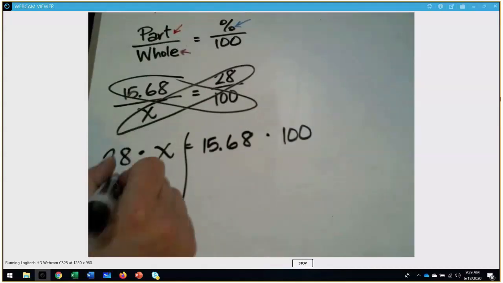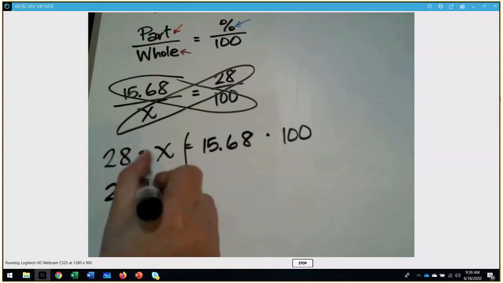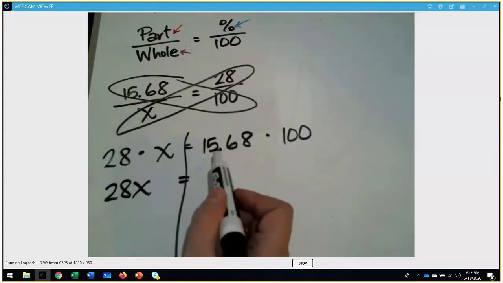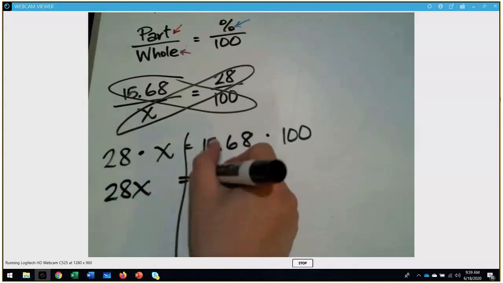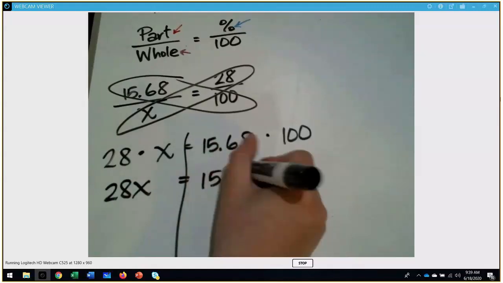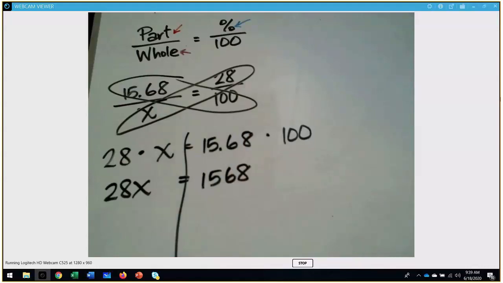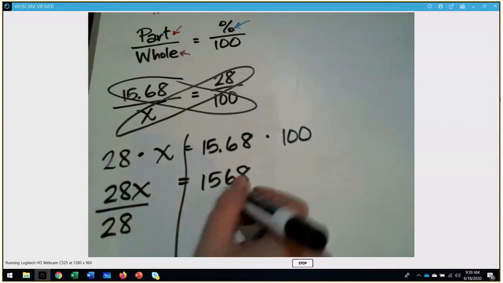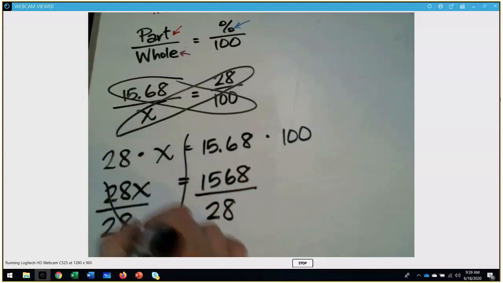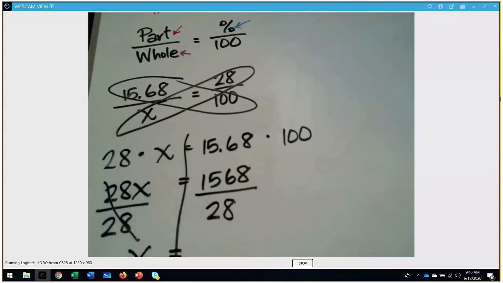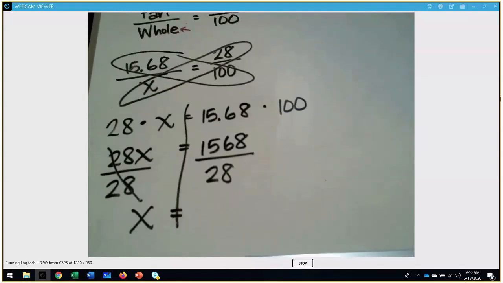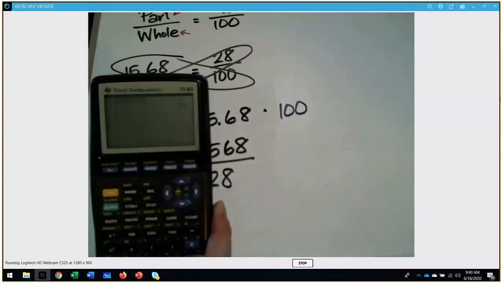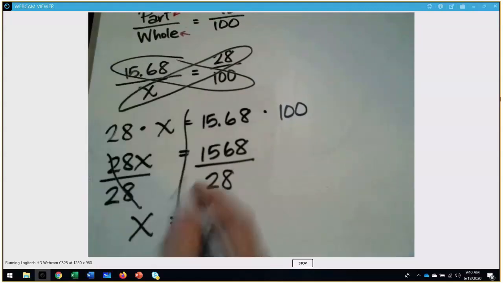So 28 times x is just 28x. 15.68 times 100 is 1,568. And now I want to divide by whatever's in front of the x. Okay, I plugged it in and I got 56.